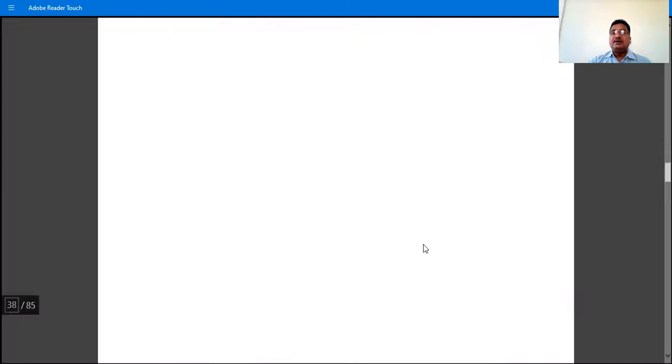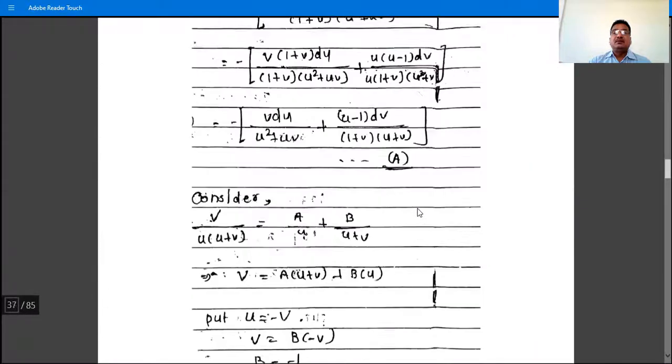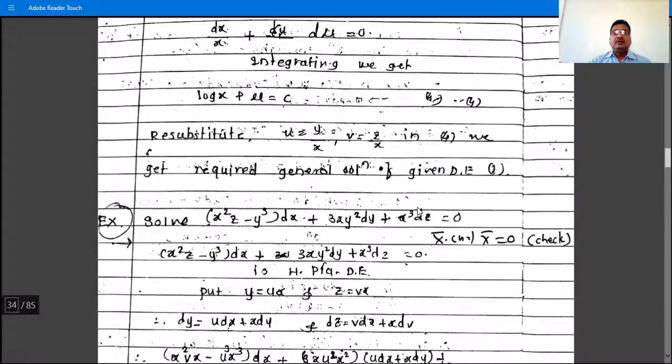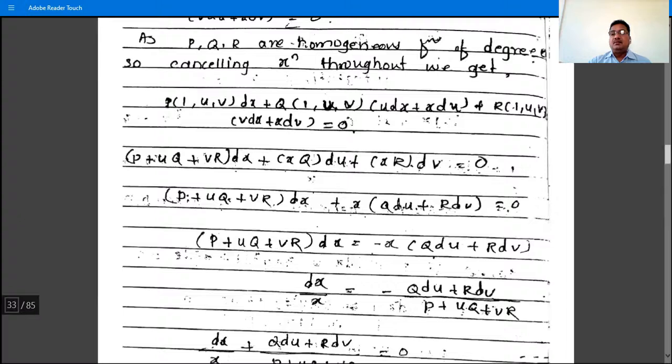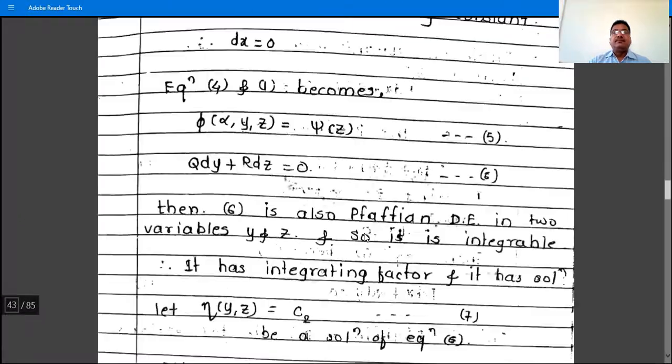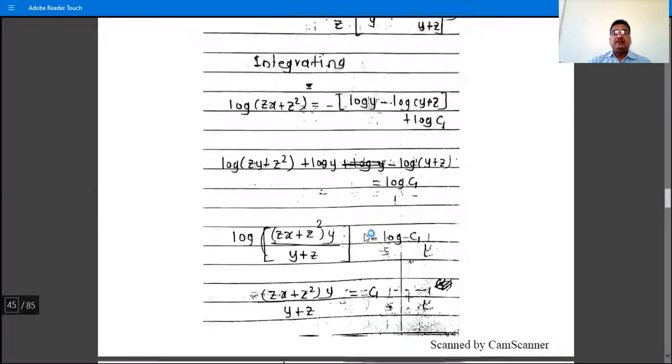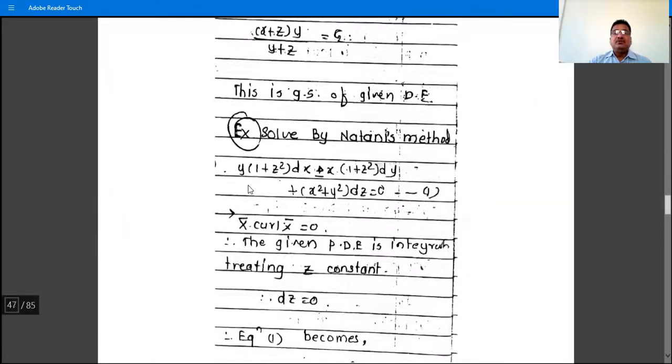Observe this example. (y dx − x dy)/(x² + y²) is the derivative of tan⁻¹(y/x) or tan⁻¹(x/y). And 1/(1 + z²) dz has integration tan⁻¹ z, equal to 0.